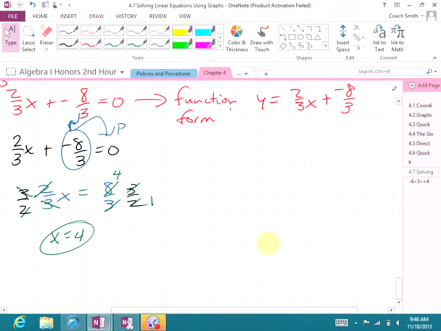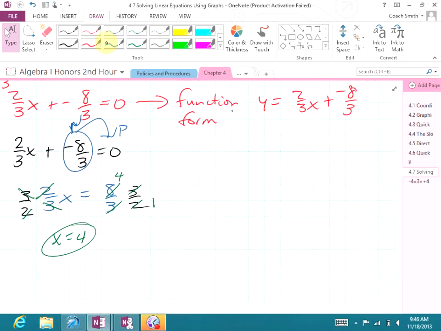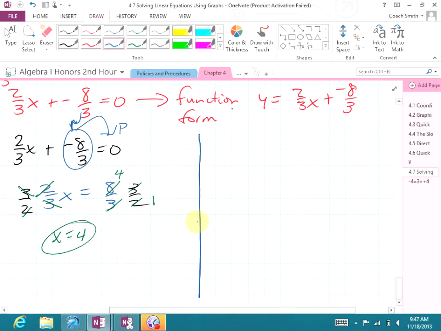Now, this one here to graph is a little difficult. Where do we start? Negative thirds. So, let's do this since we're dealing with those two quadrants. All right.